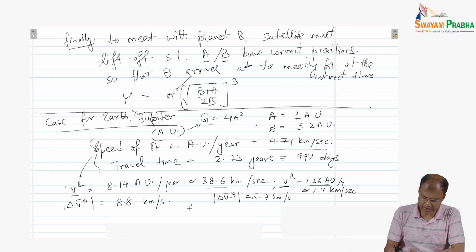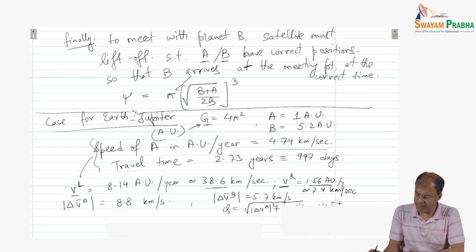And from here I can find q, which is the square root of VA squared plus VB squared. This comes out to be roughly 14.5 kilometers per second.